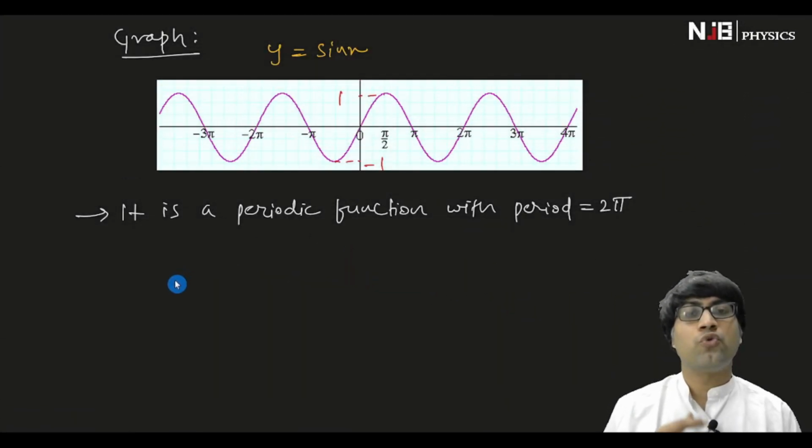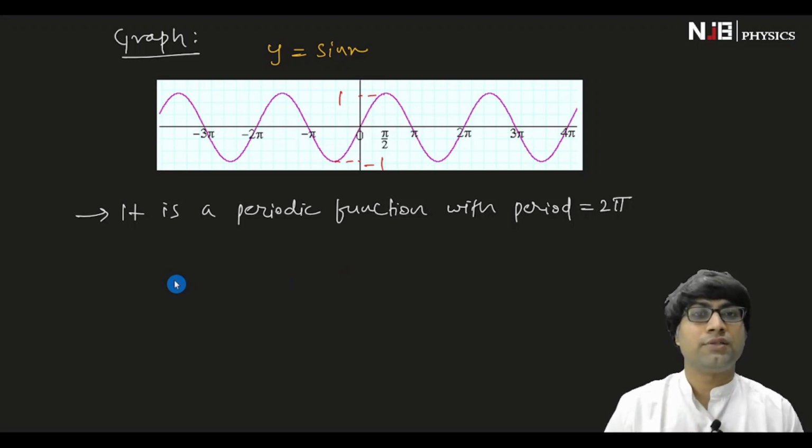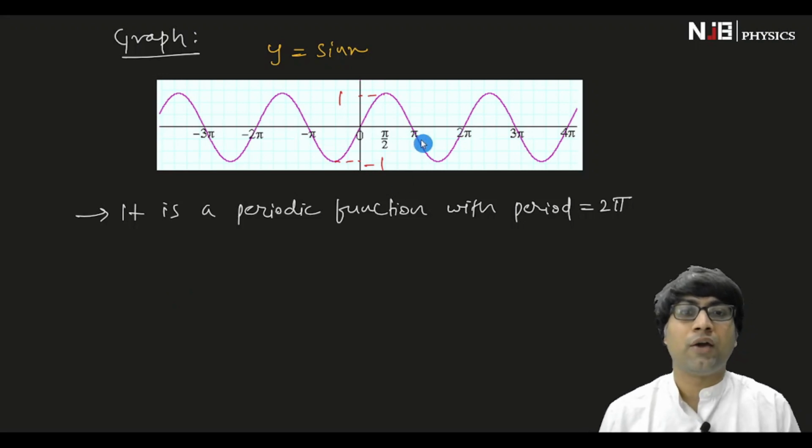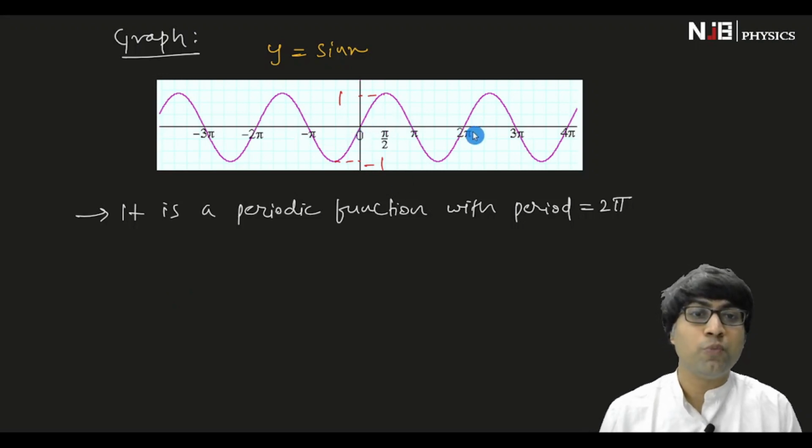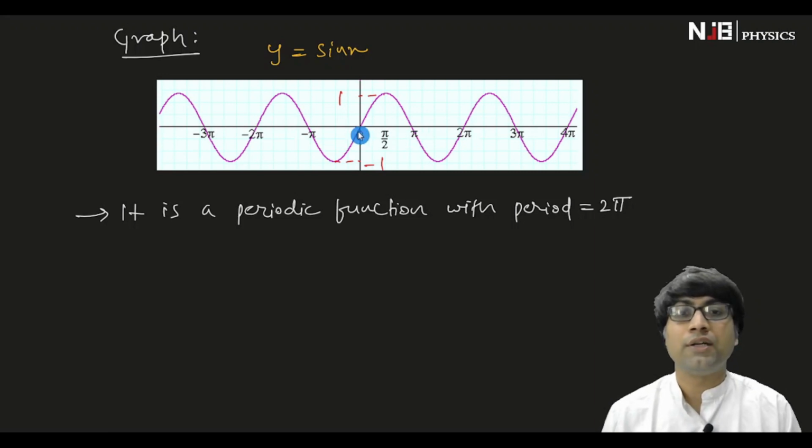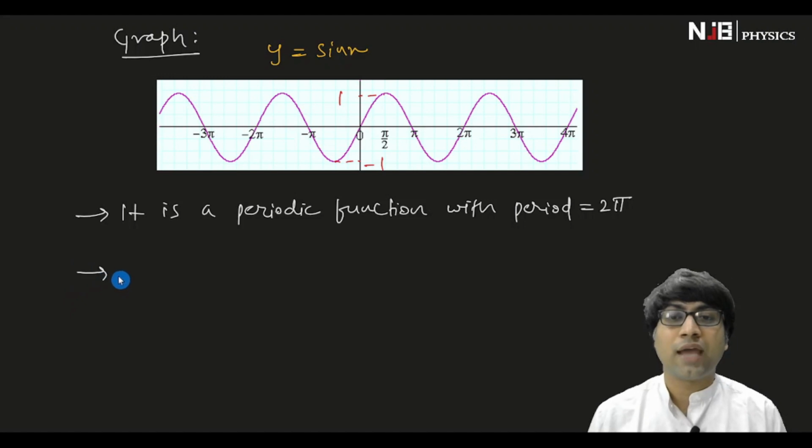Now, second thing we should write about is the average value of sine x in certain intervals, which is going to help us in physics at many places. For example, in the interval of 0 to 2 pi, what will be the average value, or in the interval of 0 to pi, or in the interval of 0 to pi by 2? Let's write the average value of sine x in all these intervals.